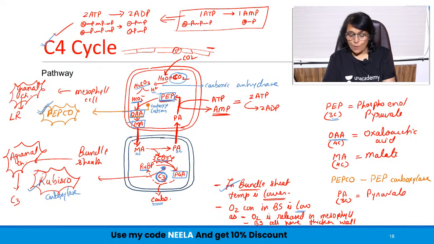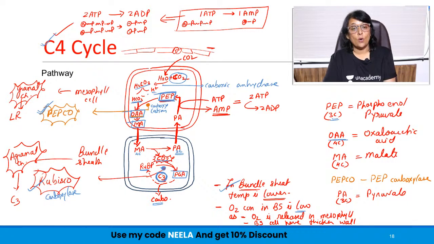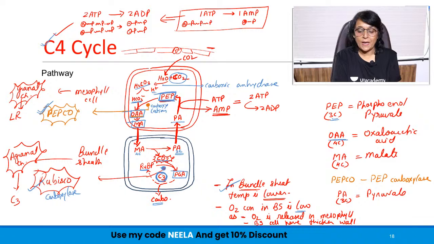This pyruvate, which is synthesized, a 3-carbon compound, has to go back for regeneration of phosphoenol pyruvate. So when pyruvic acid or pyruvate goes back, it is without phosphate. So we have to add that phosphate into it. And that comes from ATP.